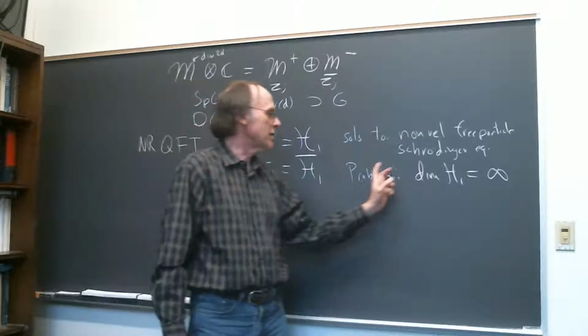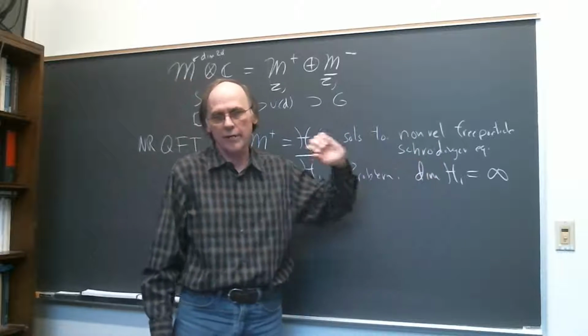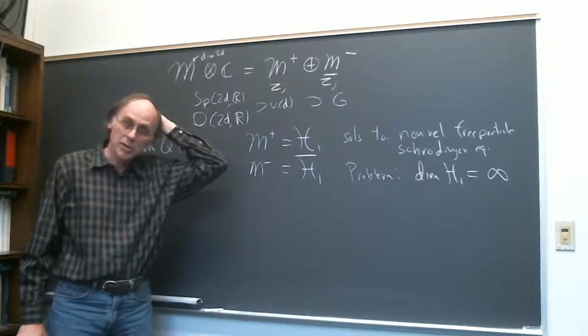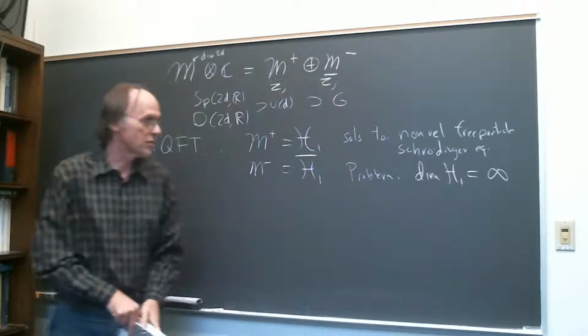As I said, one way to get around it is to put cutoffs in and assume you really are in finite dimensions, and then take a limit. You can always do that, but this is the source of the problem.